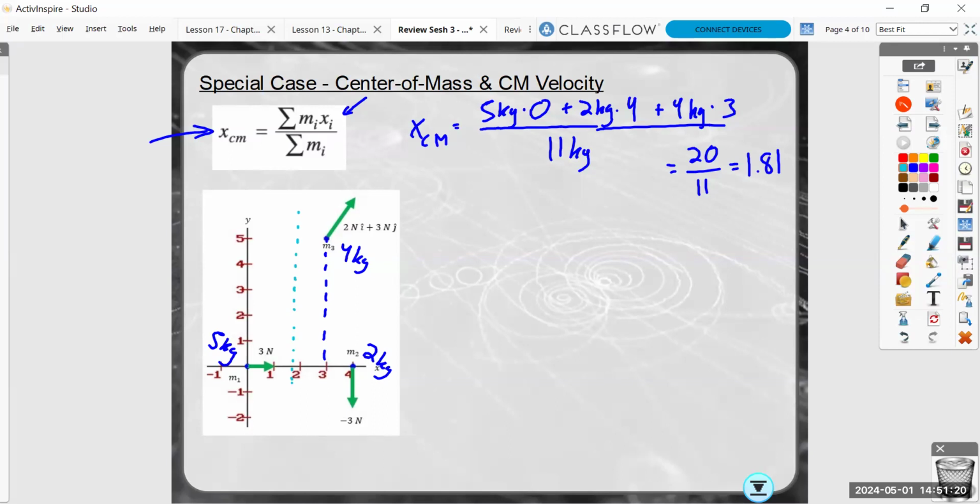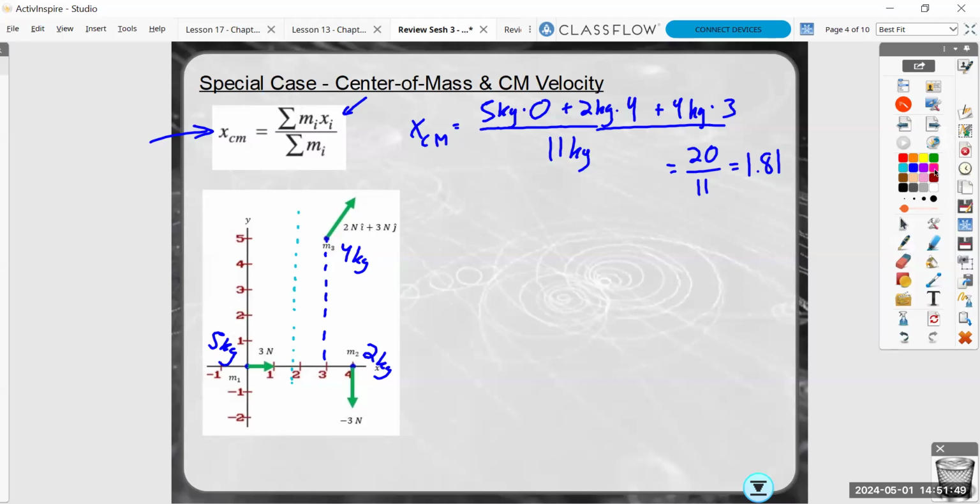Which is actually a little further to the left than I would have believed, but I guess that's okay. There are 6 kilograms over here, but it's spread out a little bit, so that's plausible. I think we've done that correctly, right? 3, 4, 8, 12, 11. Yeah, that makes sense.